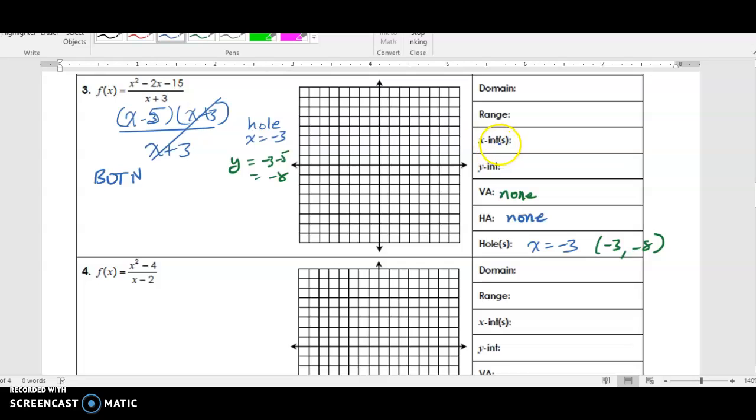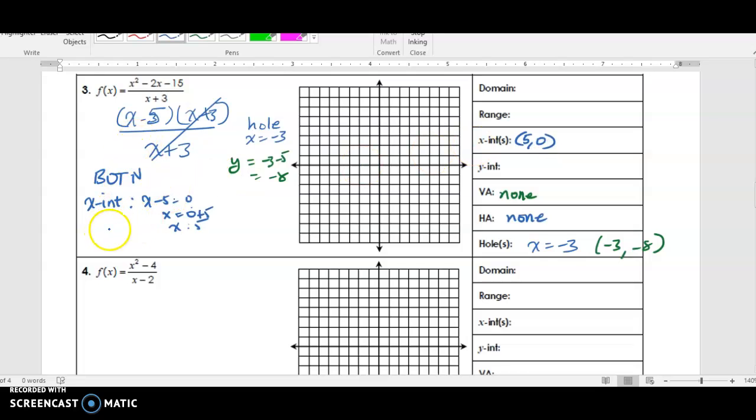All right, so to find the x-intercepts, that's the next step. To find the x-intercepts, equate the numerator's linear factors to 0, whatever is left. So here x minus 5 is left in the numerator. So you will see that there is a 0 at x equals positive 5, which means the x-intercept is the coordinate 5, 0.